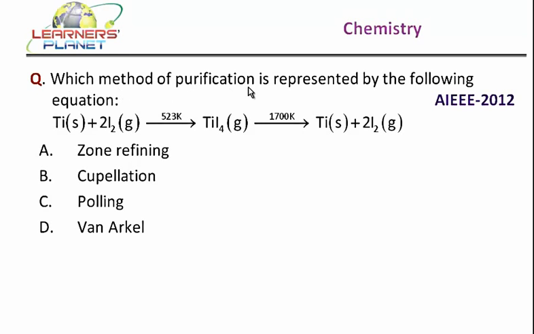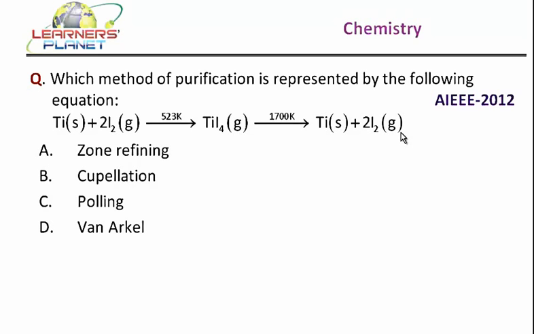Which method of purification is represented by the following equation? See here, titanium solid is heated with iodine at high temperature when it is giving a compound, that is TiI4, titanium tetraiodide, and it is decomposed and giving titanium solid and iodine again.